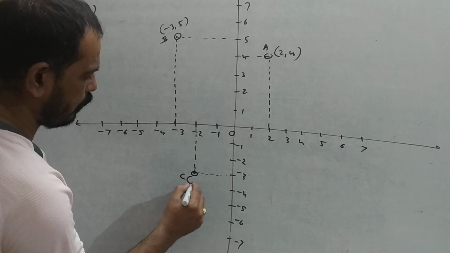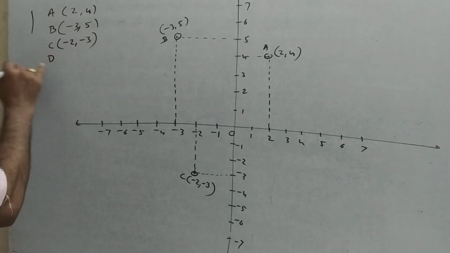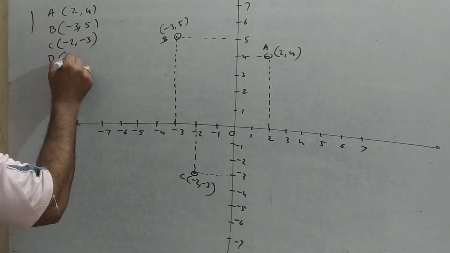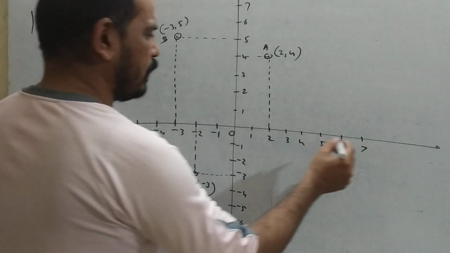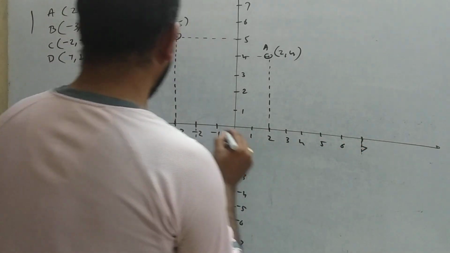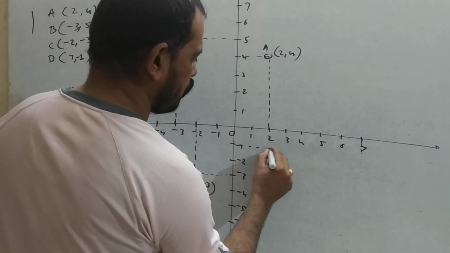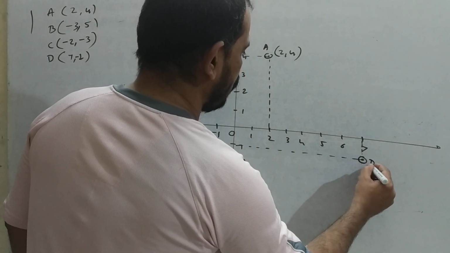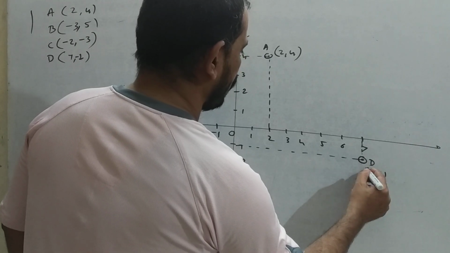This is point C, (-2, -3). Point D, suppose we are taking (7, -1). X is first. This is 7 and minus 1, I am sorry, minus 1. This is point D, (7, -1).